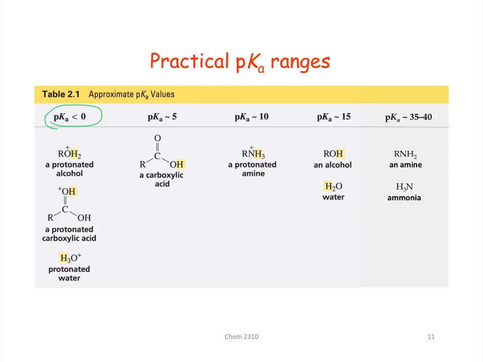And notice that each of these species that has the lowest pKa has a plus charge on the oxygen. So these all have a plus. Those are going to be the most acidic. Then we see a carboxylic acid has a pKa of about 5. This has resonance.